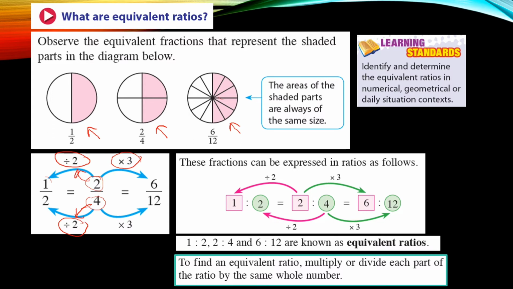And it is also multiplied by 3. 3 is a whole number, multiplied by 3. So multiply or divide each part of the ratio by the same whole number, so we can find the equivalent ratio.